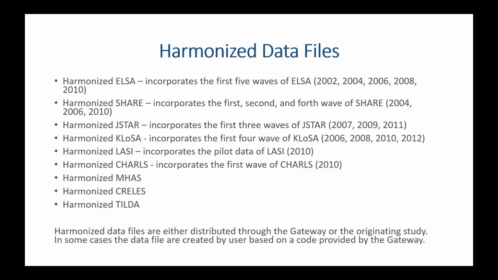The harmonized CHARLS, so for China, is the first 2 waves of CHARLS, 2010 and 2012. We're also currently in the process of adding the harmonized MHAS for Mexico, harmonized CRELES for Costa Rica, and harmonized TILDA for Ireland.